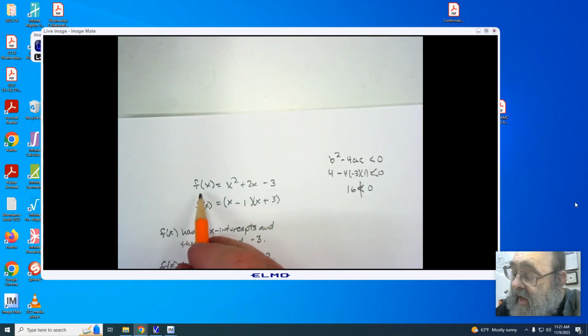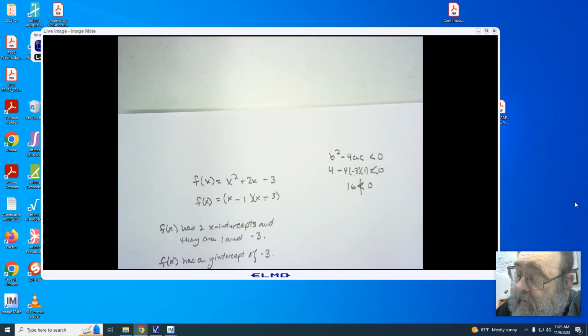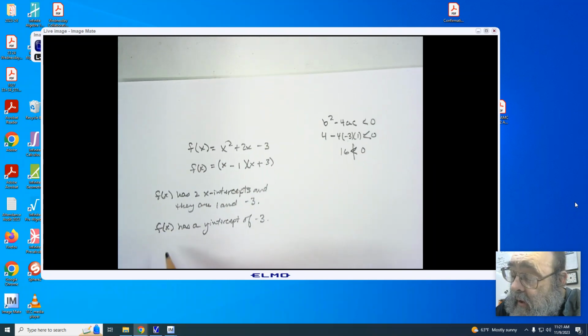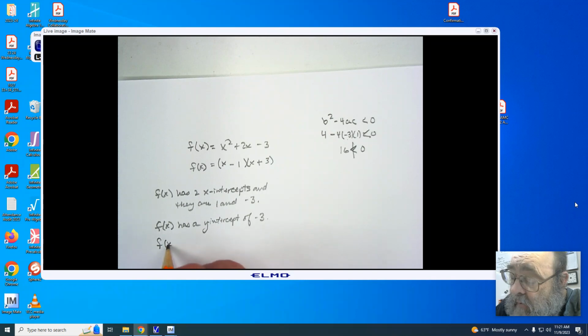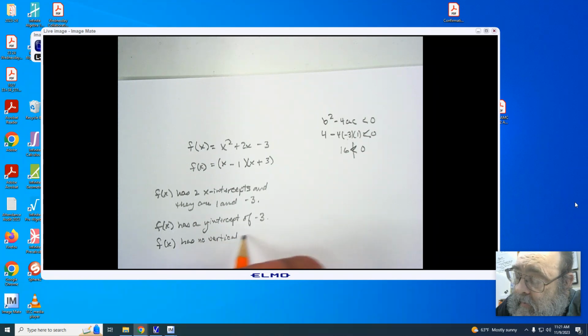This is because I let x equal 0. F of x has no vertical asymptotes. F of x has no slant or horizontal asymptotes.